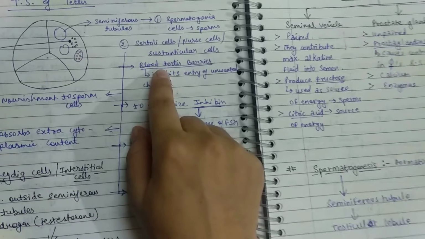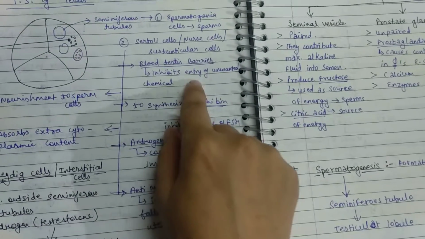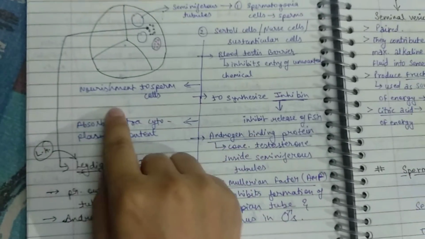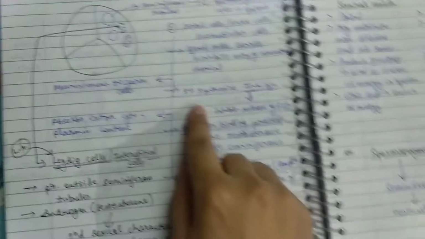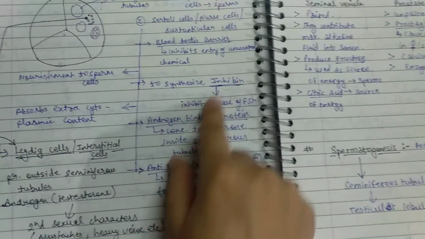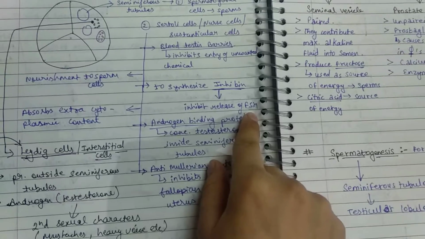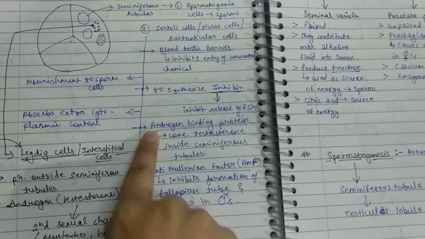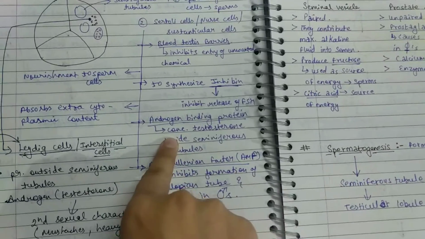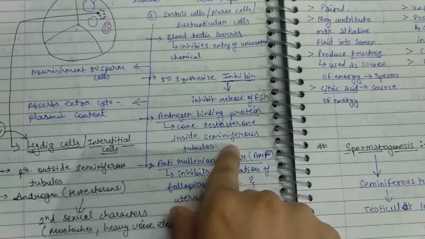It acts as a blood-testis barrier, that is, it inhibits the entry of unwanted chemicals, and it provides nourishment to the sperm cells. It synthesizes the inhibin hormone, which inhibits the release of FSH, and it acts as an androgen binding protein, which helps in concentrating testosterone inside the seminiferous tubules.